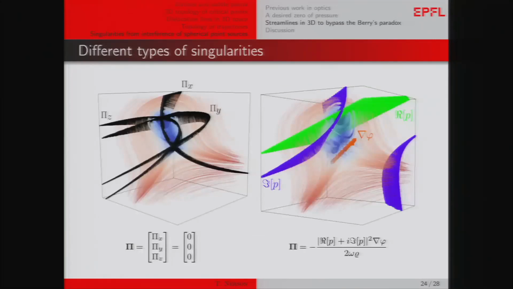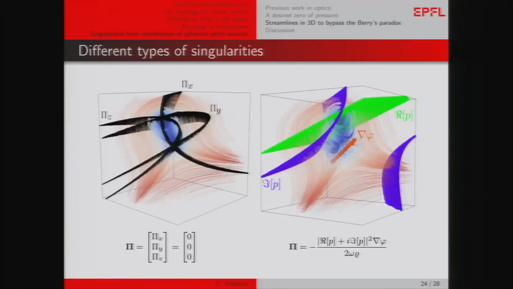This is what is explained for you to be able to understand what I said in those plots. Basically, here are the surfaces of zeros of each direction of the pointing vector. The surfaces cross into lines, and you have two lines: a line that defines a saddle line, and a line that defines a vortex line.